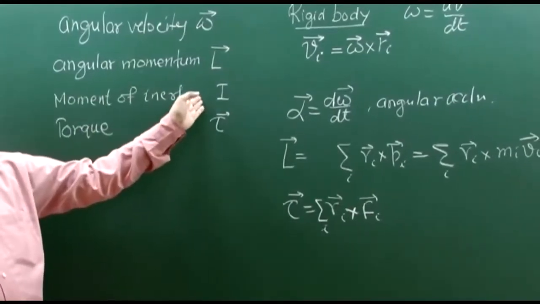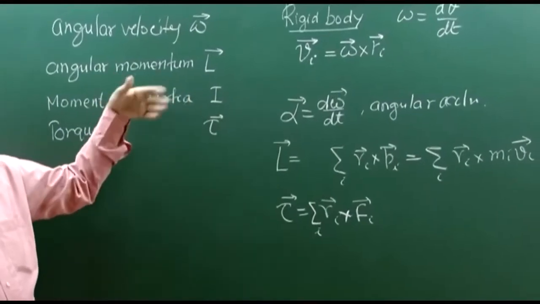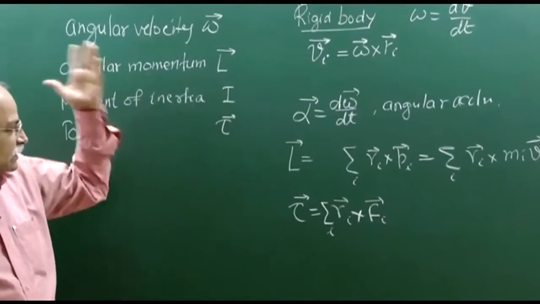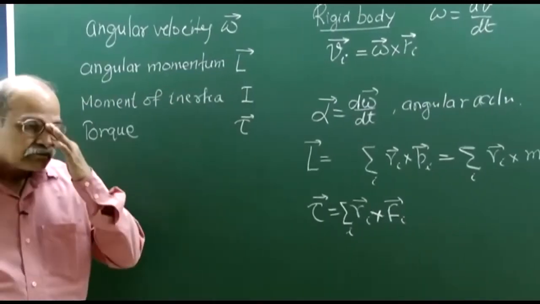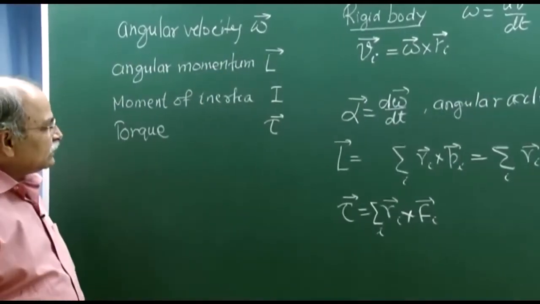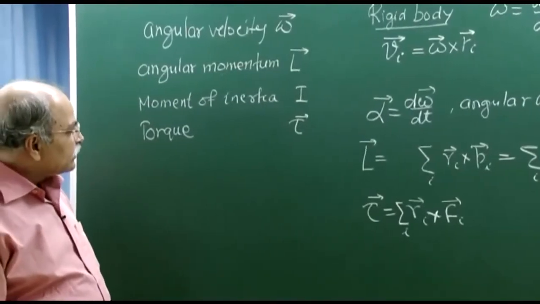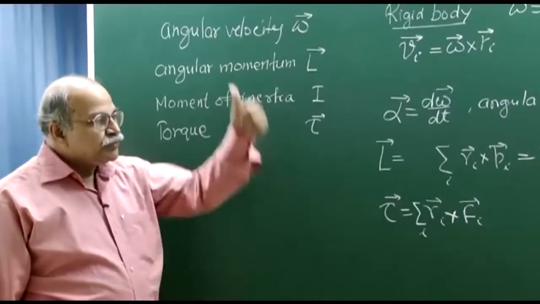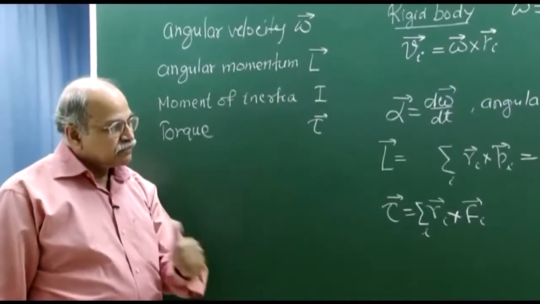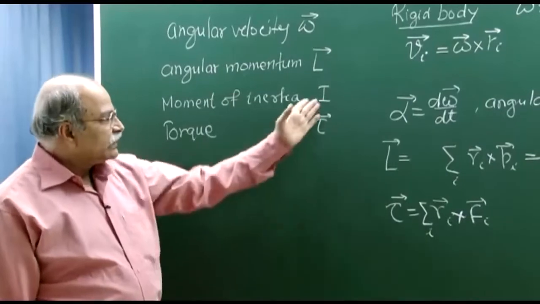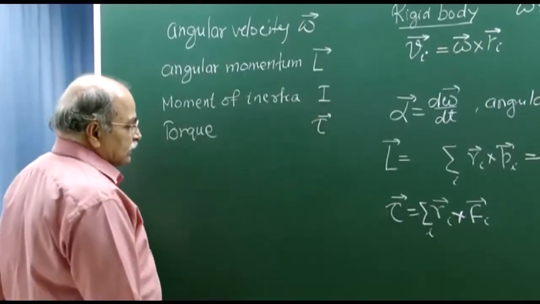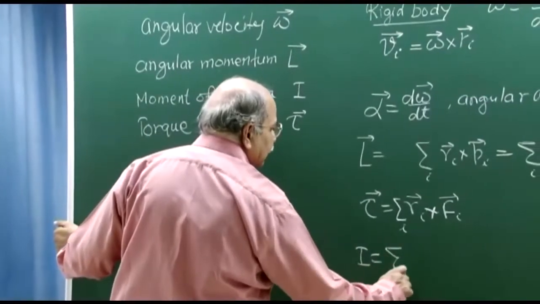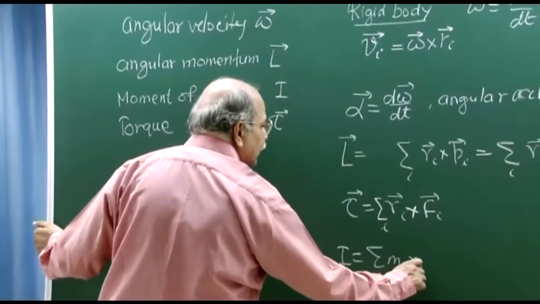Moment of inertia is something which is more tricky, and probably I will not be talking about this much. Some of the elementary textbooks define moment of inertia about an axis. They assume that the rotation is about a fixed axis of rotation, and then the definition of this I is simple: summation over mi Ri square.